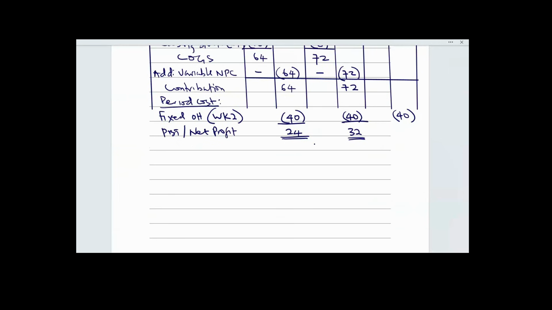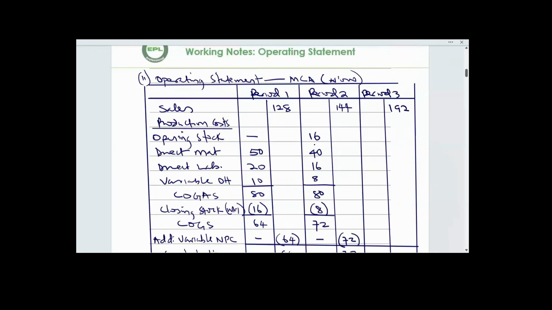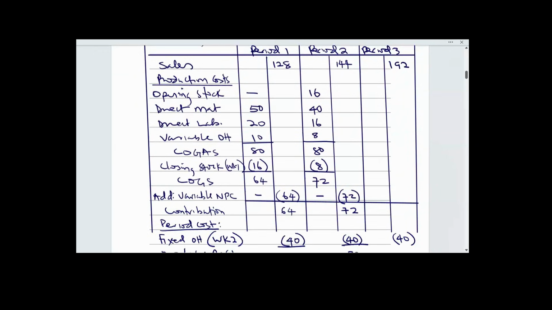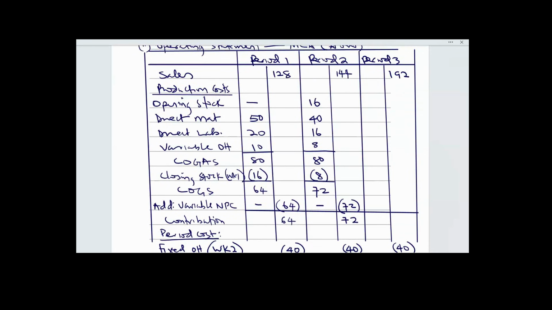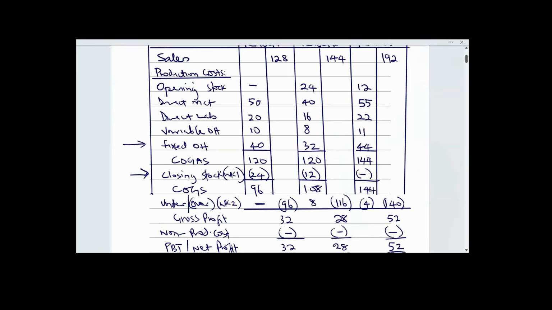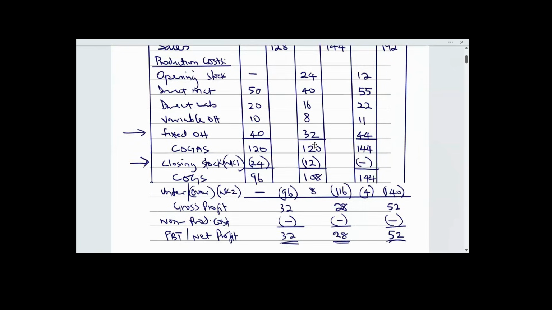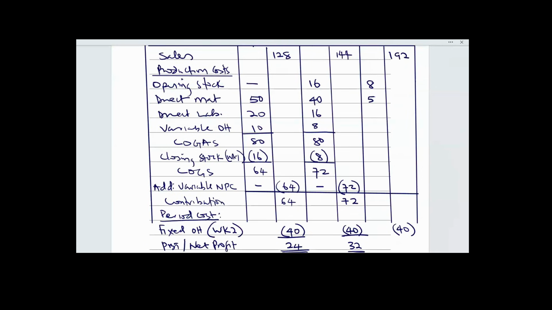Finally, we'll move to the third period. Closing stock in the second period is 8,000. This will become opening stock at the beginning of the third period. Again, direct material, direct labor, and variable overhead in the third period: 55,000, 22,000, then 11,000.